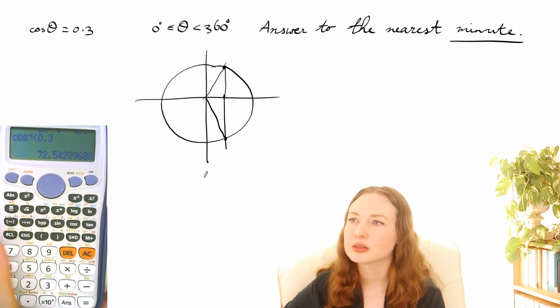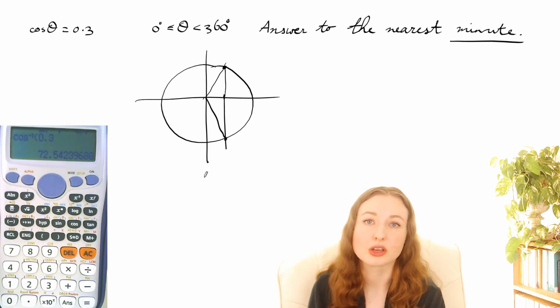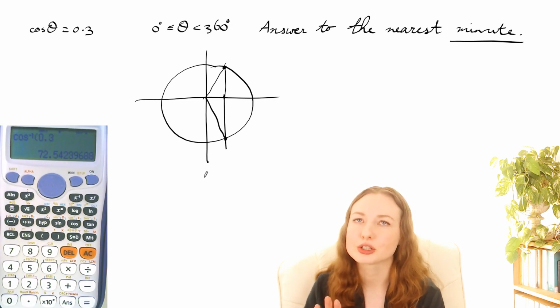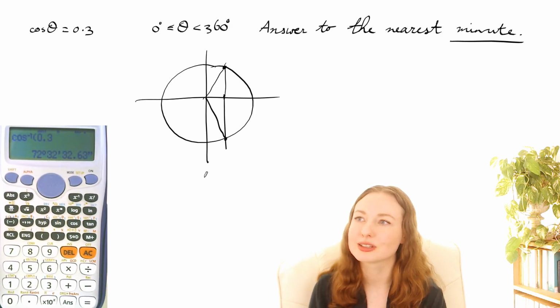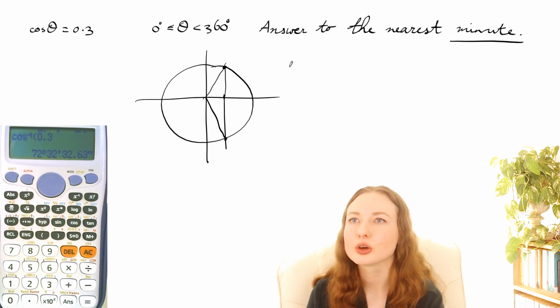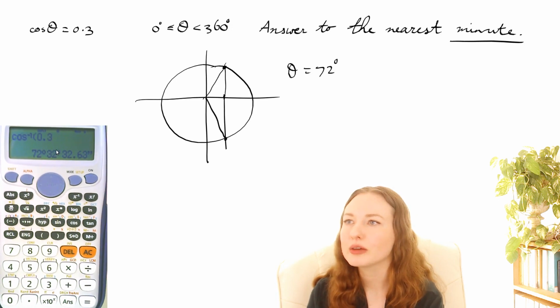So if we were answering to the nearest degree, that would be 73 degrees. But if we're answering to the nearest minute, there's a really helpful button here. You can see the symbol for minutes there, so that says degrees, minutes, seconds. So you can just hit that button, and that will convert it into degrees, minutes, and seconds rather than a decimal. So we've got 72 degrees, and now we have to round this off.